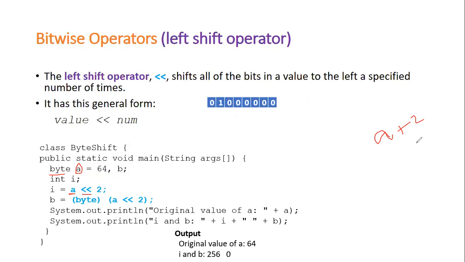When you use a byte variable in an expression, this variable a will be automatically promoted to int. We call this type promotion. So the entire result will be of type int.